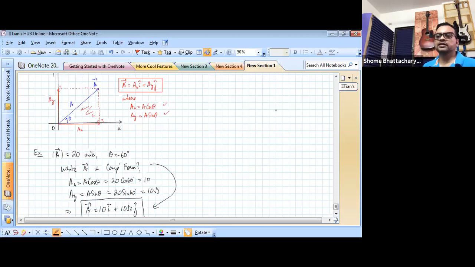So given any vector's magnitude and angle with the x-axis, we can easily find out its x component and y component using the formula that x component is cos theta and y component is sin theta.